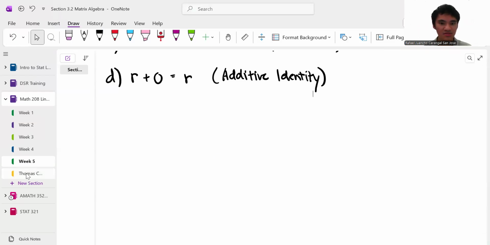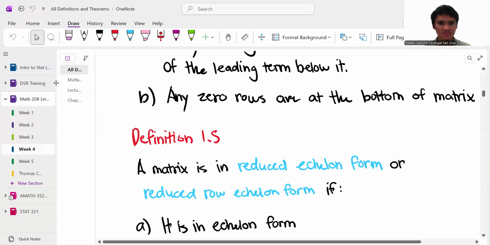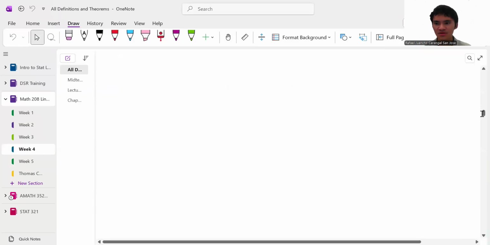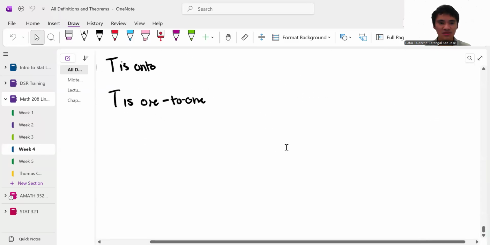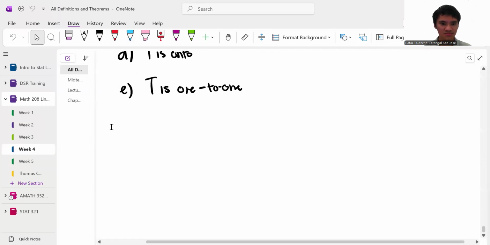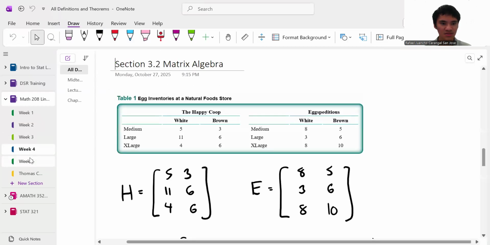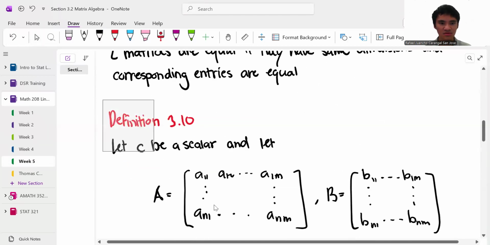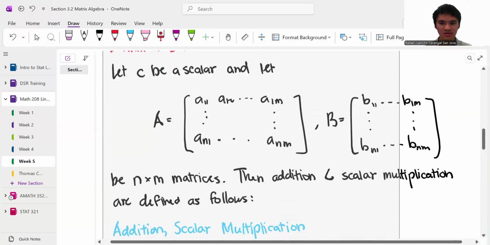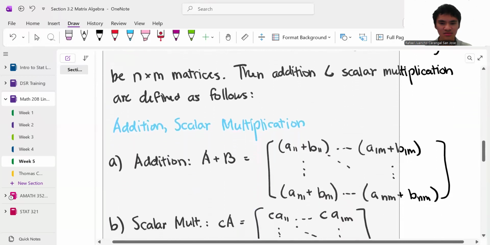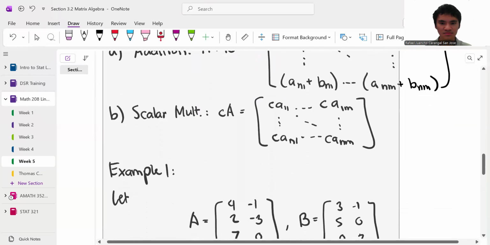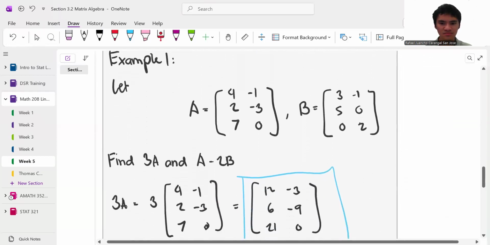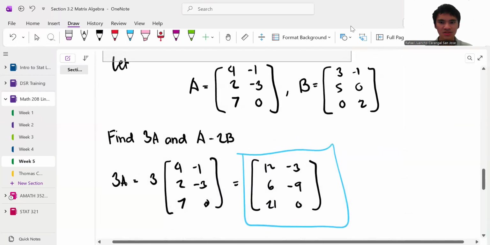So let me actually do that. Okay, I put all of the theorems here. So I'm probably just gonna put this one here. Okay, this one's in 5. Oh, I'll put this definition there. Oh shoot, I already went to the example.